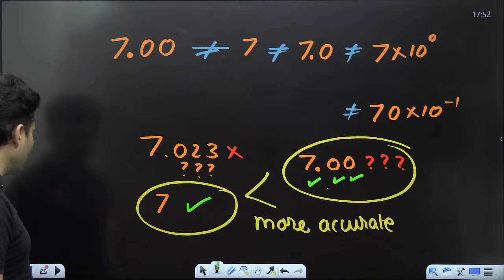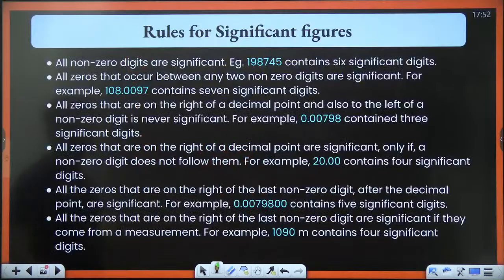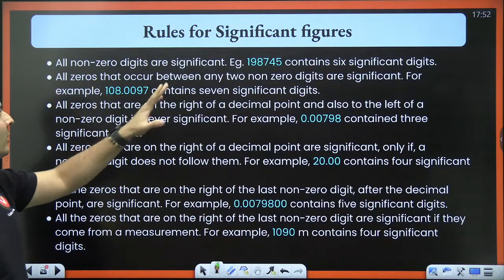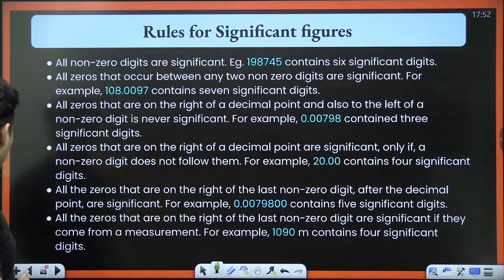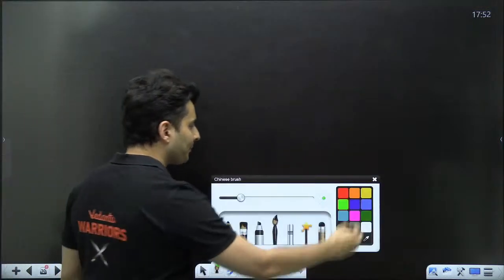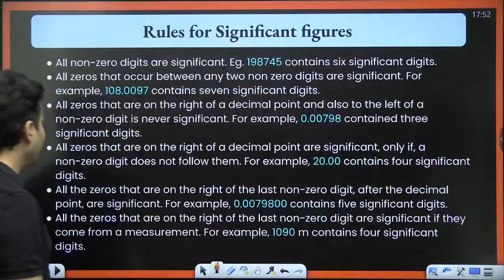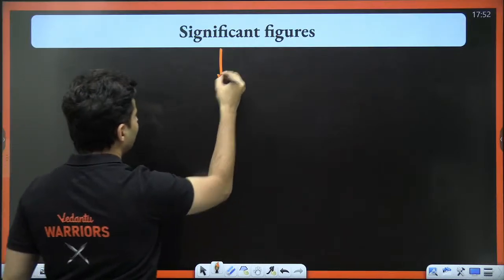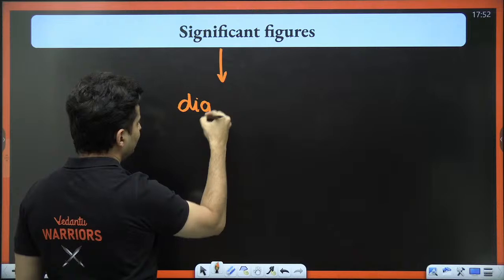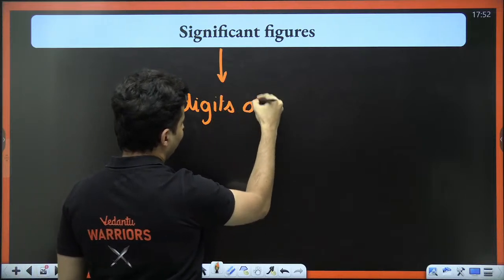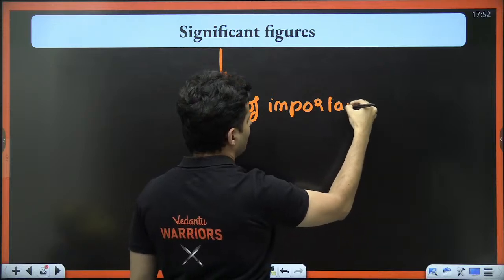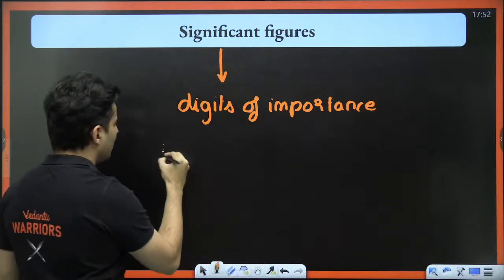So what are the rules? The rules are very, very straightforward. Let's go through these rules. All non-zero digits are significant. So basically when we talk about significant figures, these are digits of importance.